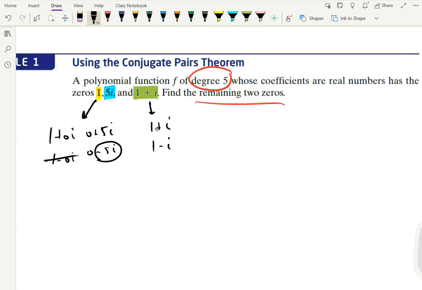Well, that's different than what's written first, so I have my second remaining zero. In this case, what we were asked to do was just find the other remaining zeros. So the shortcut is to ignore the constant, just take a look at the expressions that have i's in them, okay? Because in this constant, yes, I'm going to have 0i.